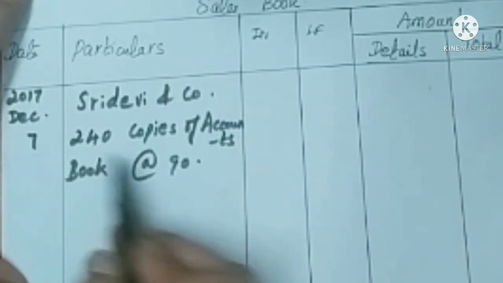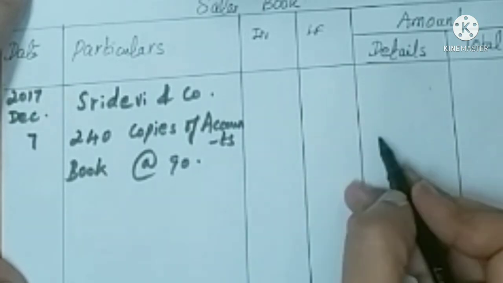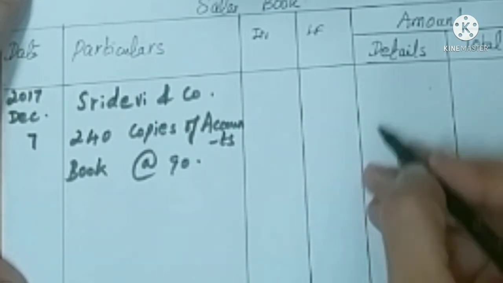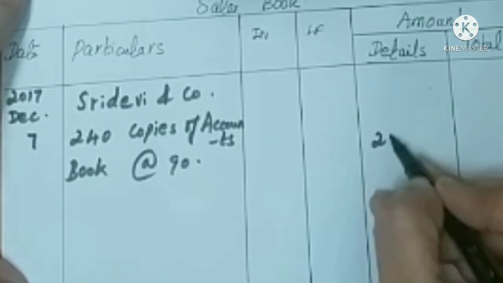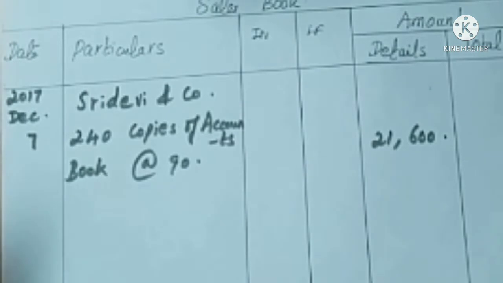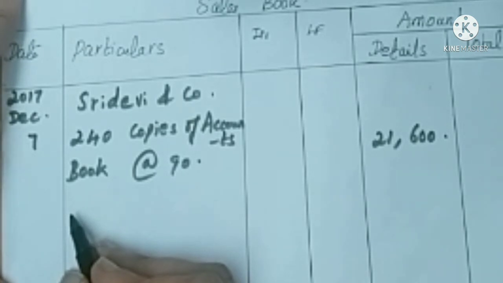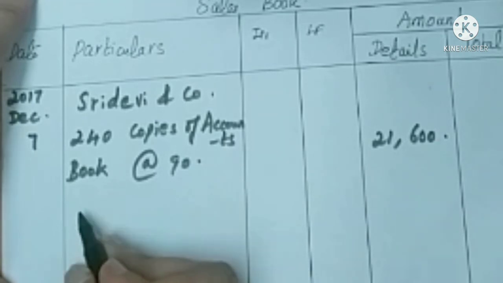So what is 240 into 90? 21,600. Again, we are selling to Sridevi 250 copies of accountancy book at rupees 170.